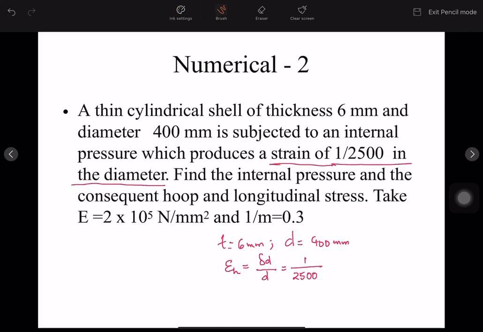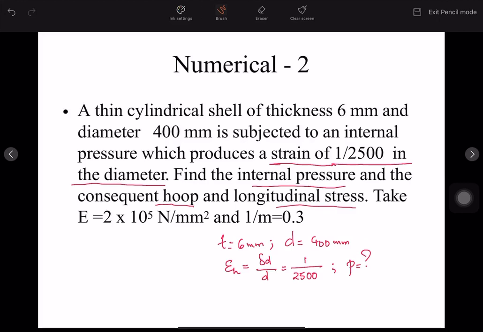So instead of giving the internal pressure value directly, he has mentioned the strain in the diameter. Find the internal pressure and consequent hoop and longitudinal stresses.